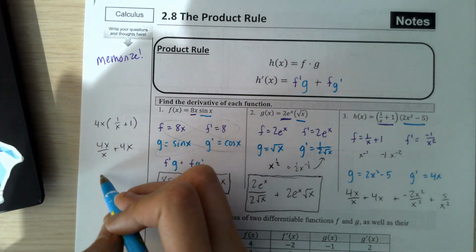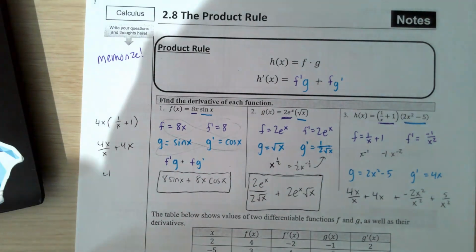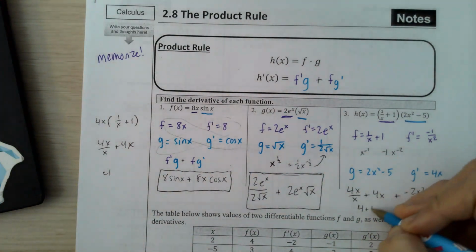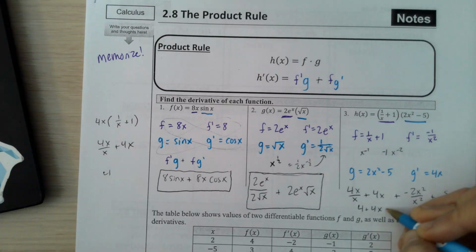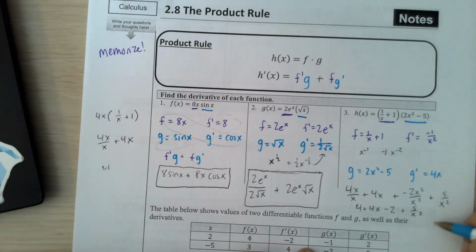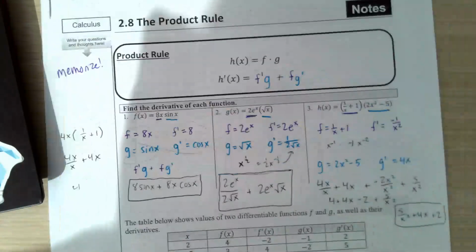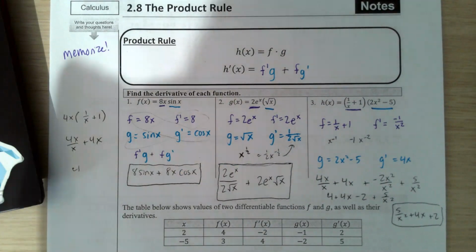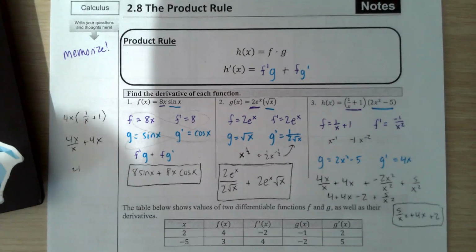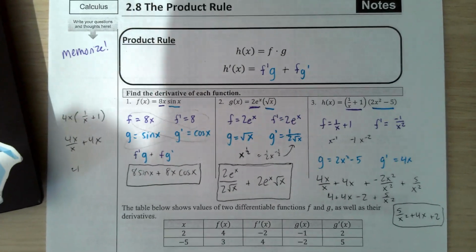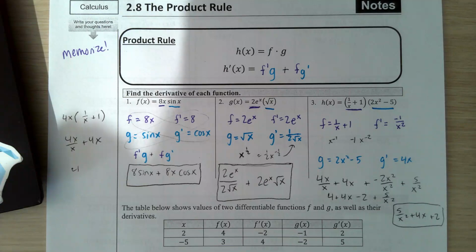This simplifies to just 4. So this is 4 plus 4x. This simplifies to minus 2 plus 5 over x squared. So our final answer is 5 over x squared plus 4x, combine these like terms, plus 2. So it's a lot of algebra, right? You've got to be really good at algebra.